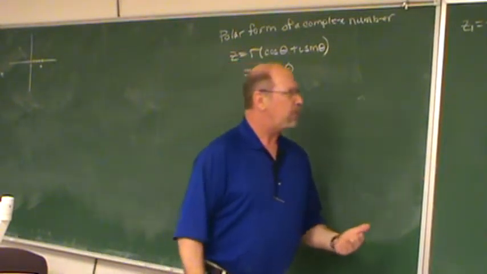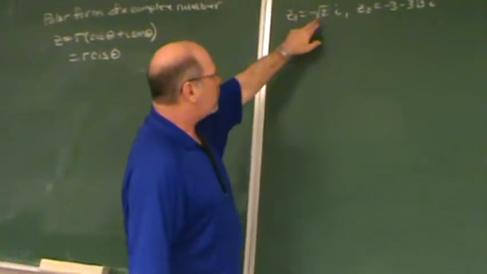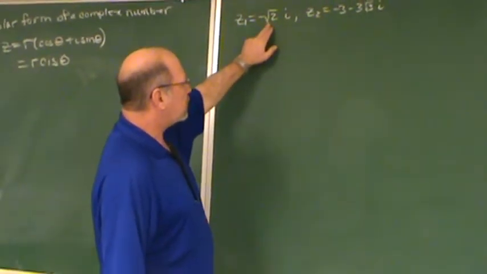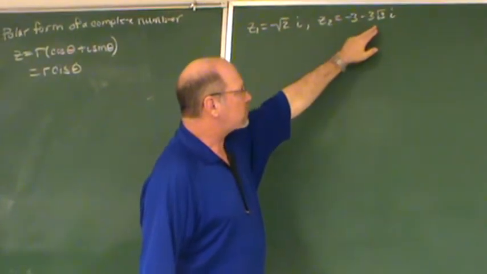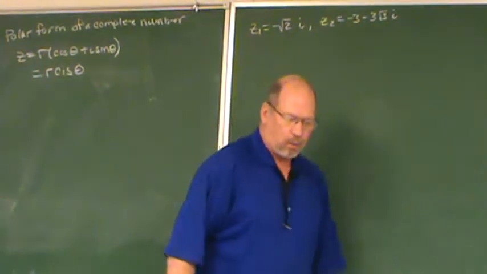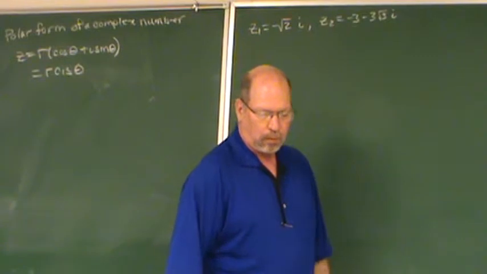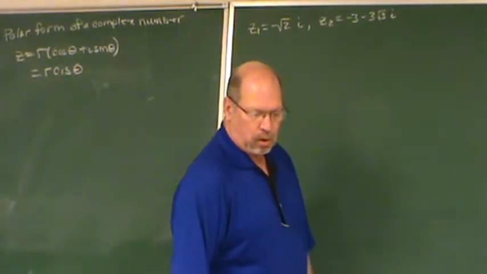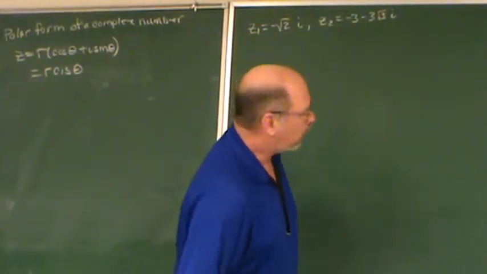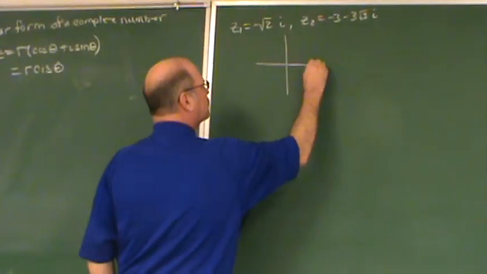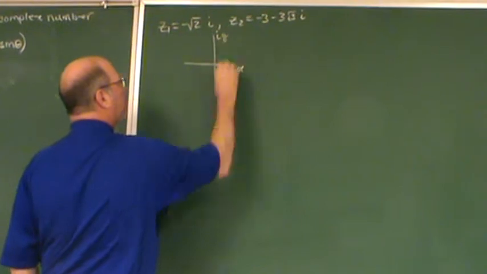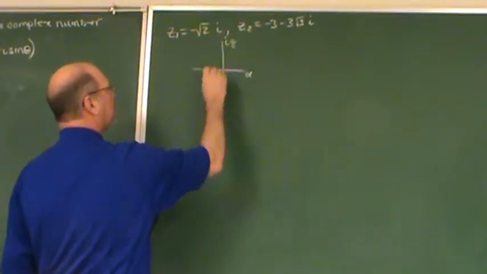Now, the first example: z1 is going to be negative square root of 2 times i. z2 is negative 3 minus 3 times the square root of 3 times i. And we're asked to find these in polar form. Now, a picture's worth 1,000 words. Remember, if this is x, this is iy, we have a real axis and an imaginary axis.